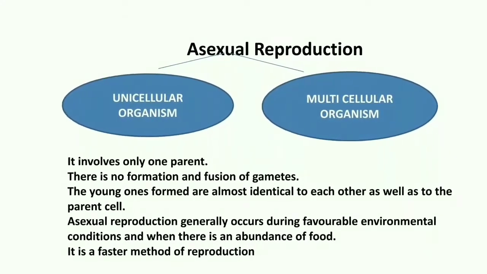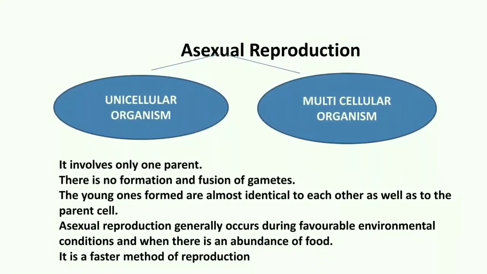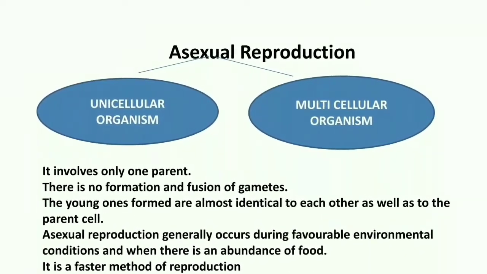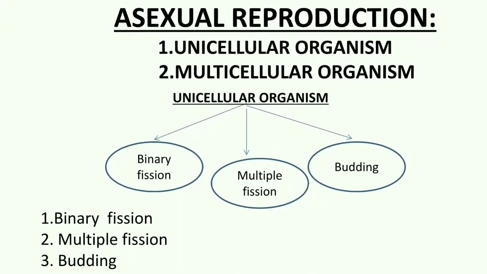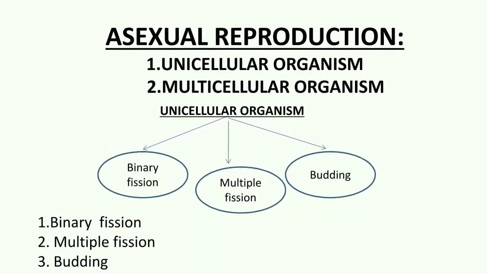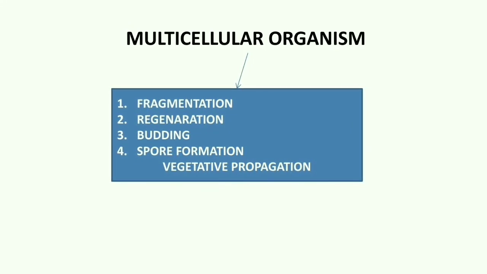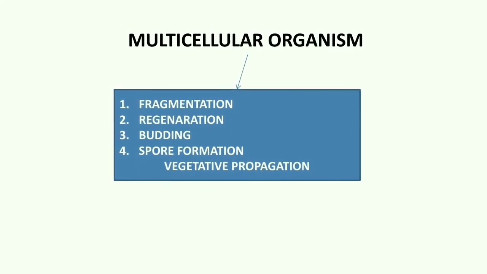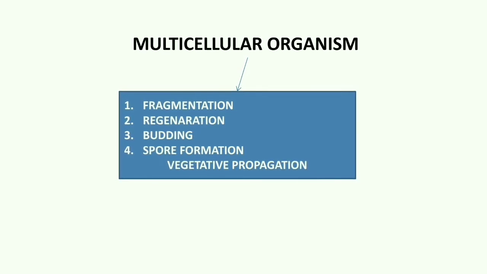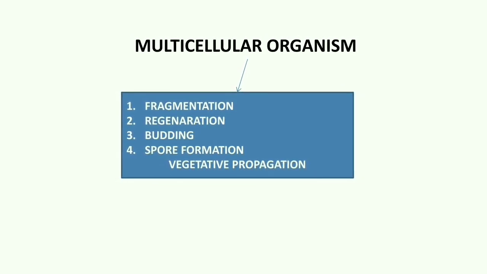In unicellular organisms, it involves only one parent and there is no formation and fusion of gametes. Under unicellular, we have binary fission, multiple fission and budding. When we talk about multicellular organisms, we will discuss deeply fragmentation, regeneration, budding, spore formation and vegetative propagation.